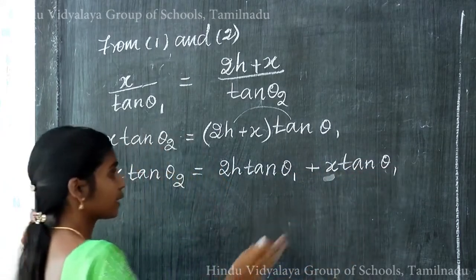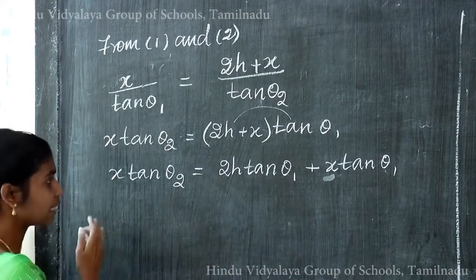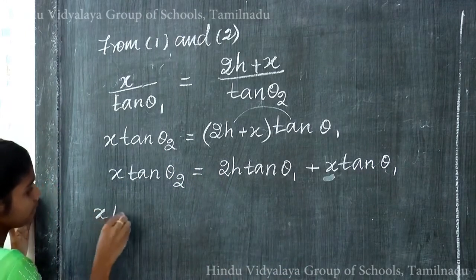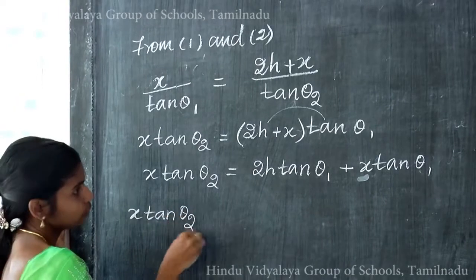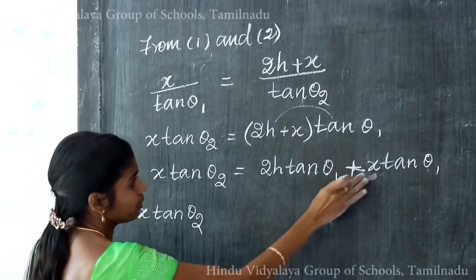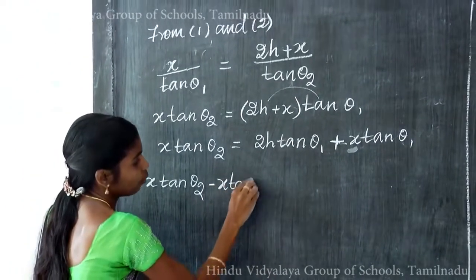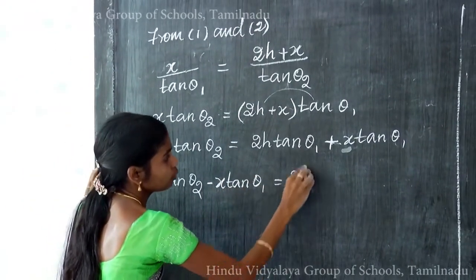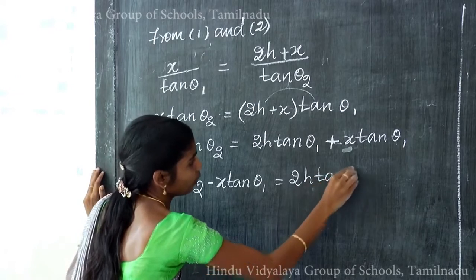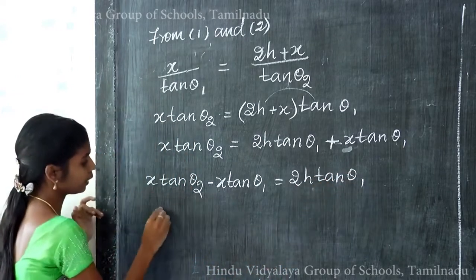So solve for x, bring the x quantity to the left hand side. So x tan theta 2, this plus becomes minus, so minus x tan theta 1 is equal to 2h tan theta 1. So here x is common, take outside.